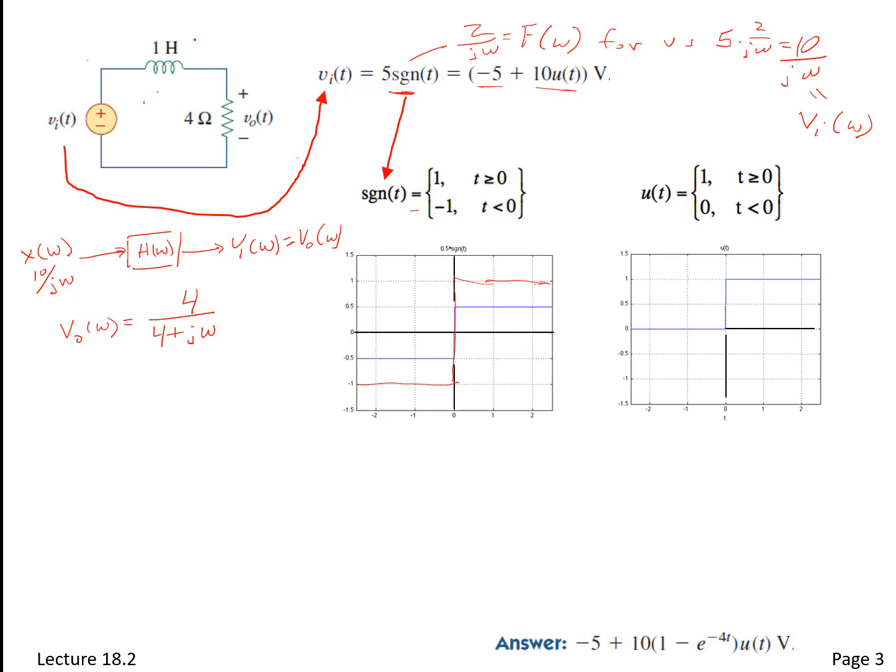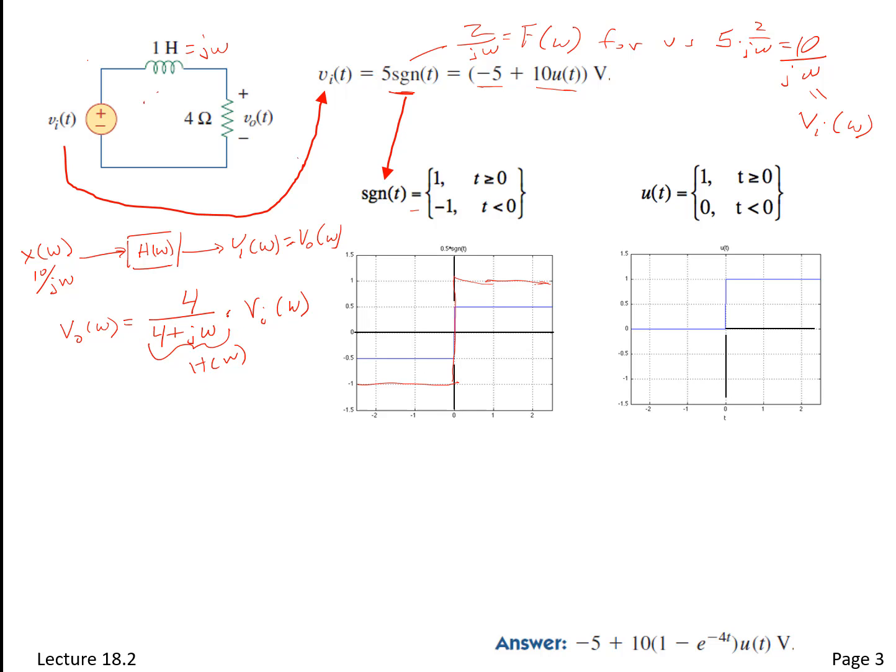This is simply this. The impedance here is j omega. 4 is 4 plus j omega. So this is in essence our transfer function, right? Times v in of omega. Okay, so here's our h right here.